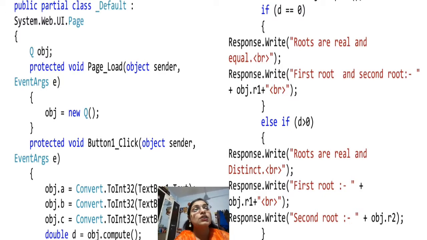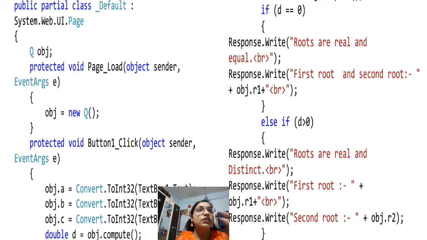So in if and else condition which we are going to perform, we are making use of the same. That is, if D1 equal to 0, if the D equal to 0, then we are going to get the roots which are real and equal.